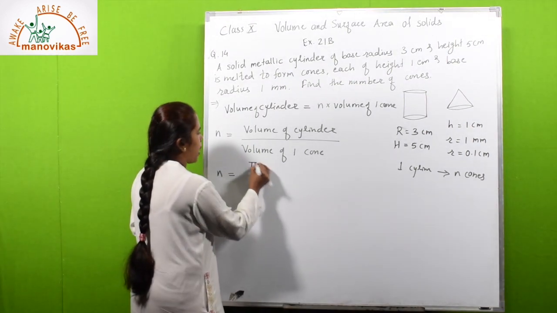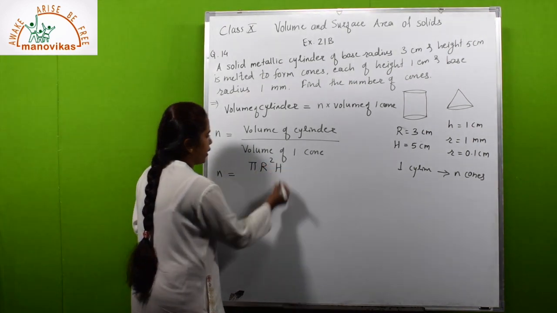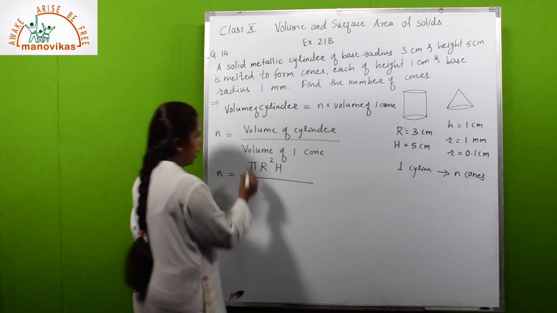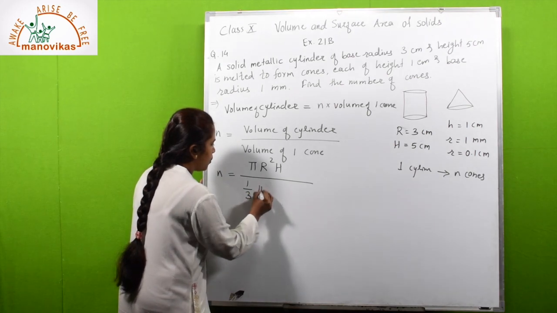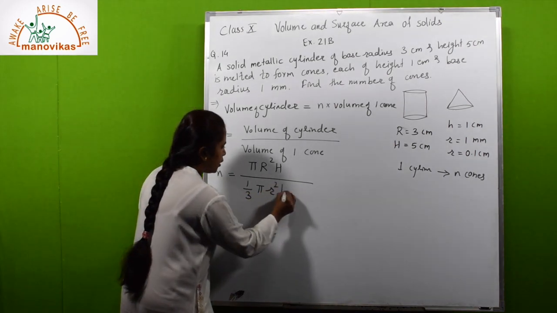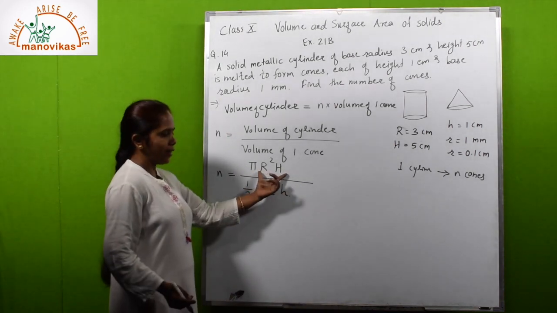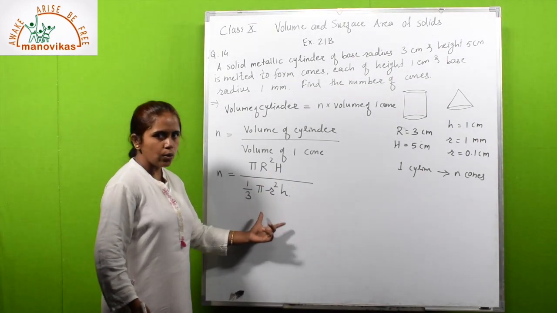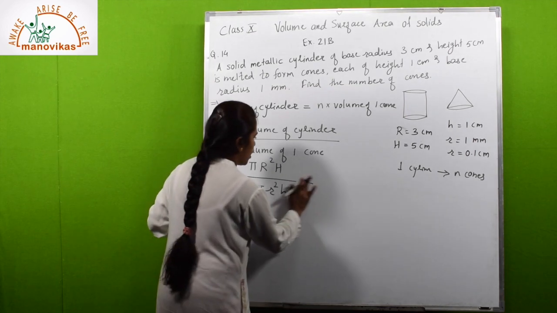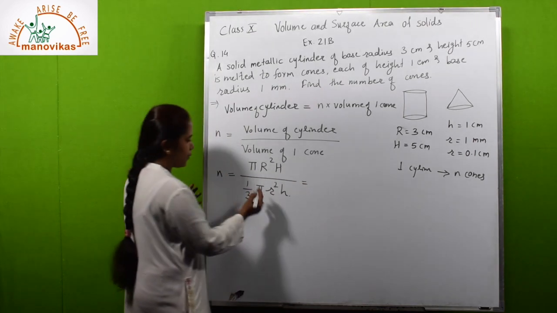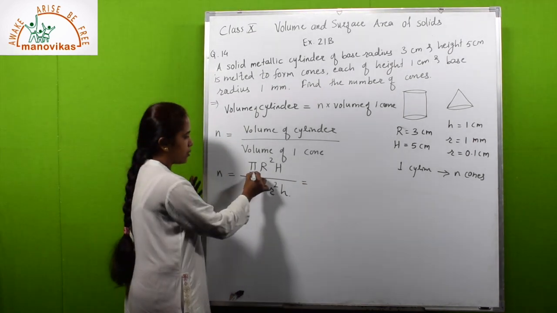That is pi r square h divided by the volume of one cone, that is 1/3 pi r square h. Here the r and h values are different. Now if you substitute the values, what do you get? Here the pi value gets cancelled, so I am cancelling this pi.